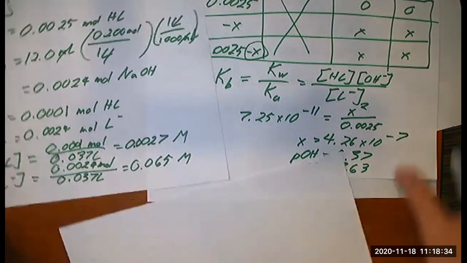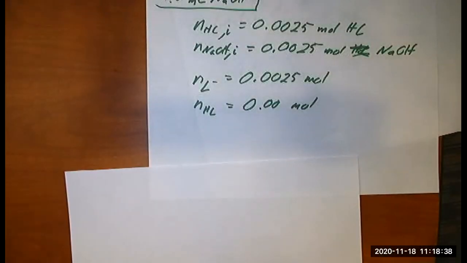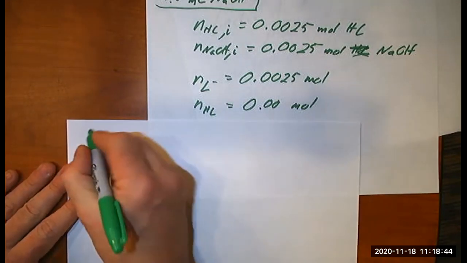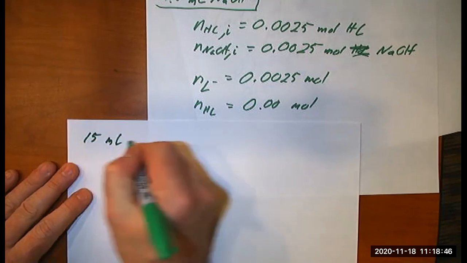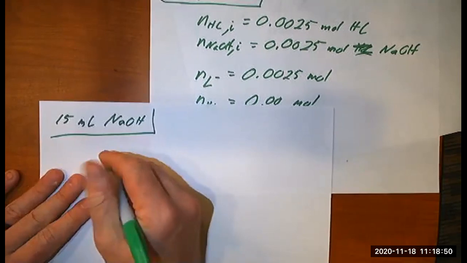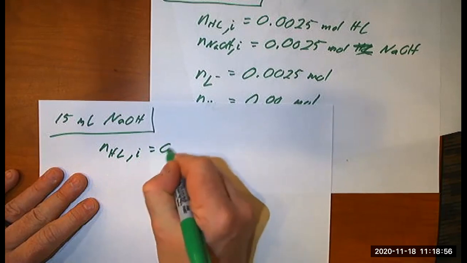Okay, so the only regime we haven't talked about yet is what if we add more than the 12.5 milliliters? What if we are in the region past the equivalence point? And so if we add, let's say 15 milliliters of sodium hydroxide. Well, the amount of HL we started with, again, is the same.